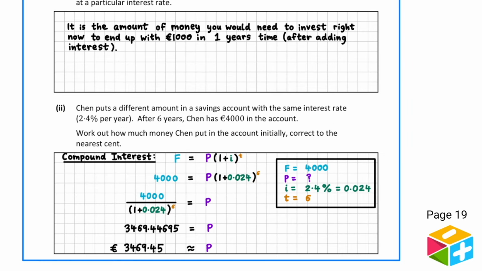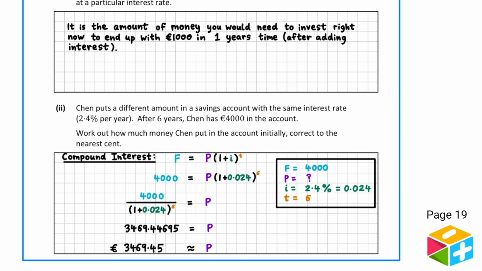In part B II, we're told that Chen invests money in a savings account with the same interest rate of 2.4% per year. We know that after 6 years, he'll end up with €4,000 in the account, and we need to figure out how much money he put in originally.